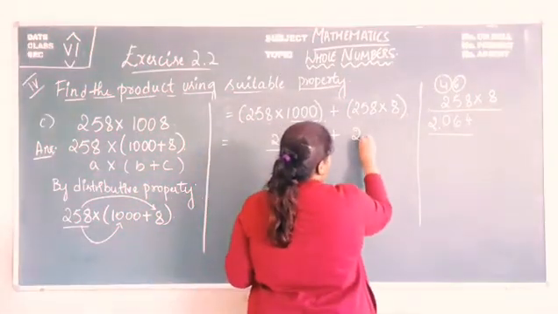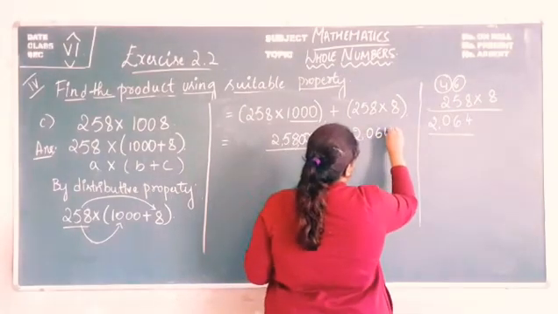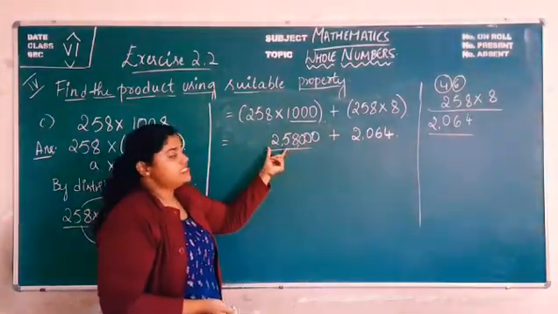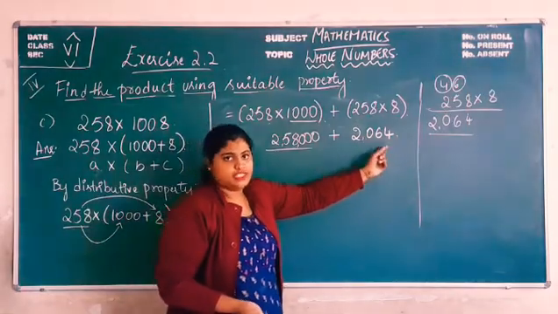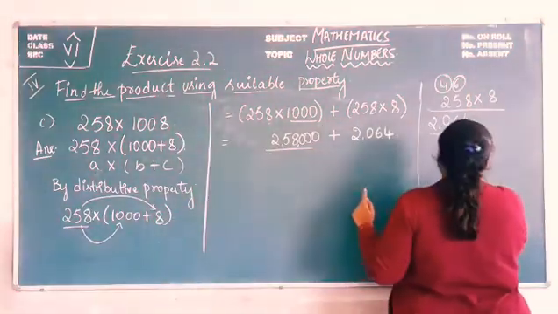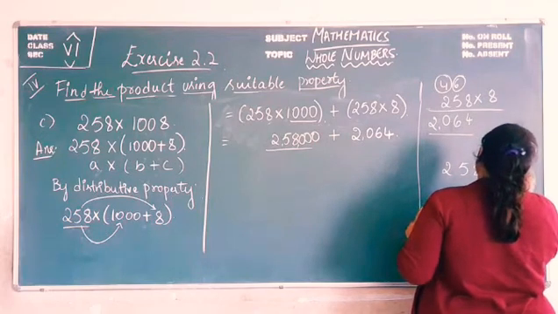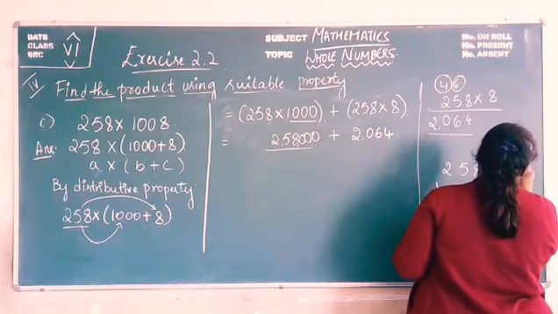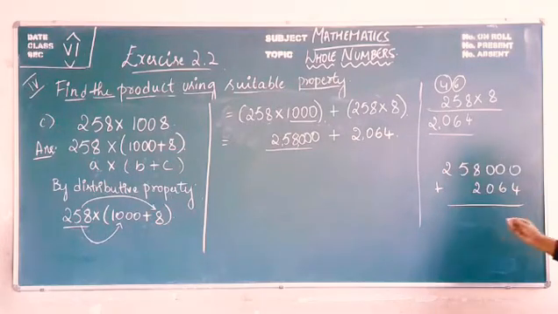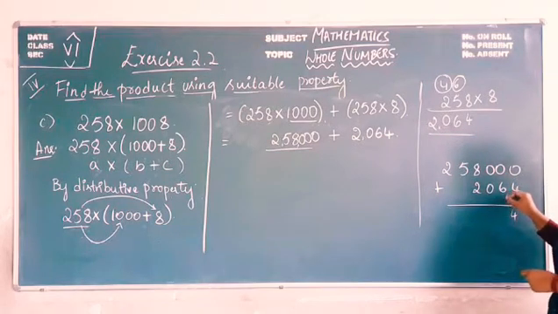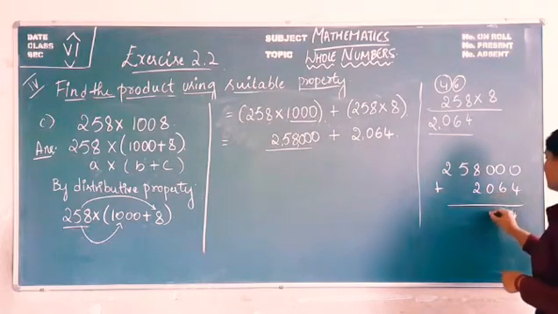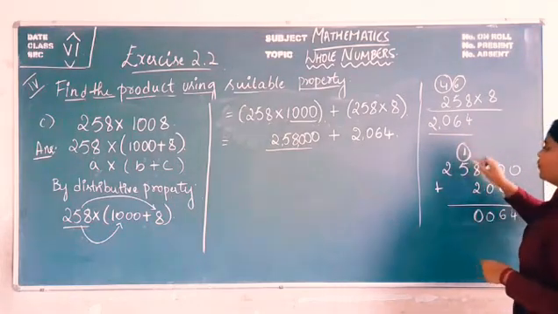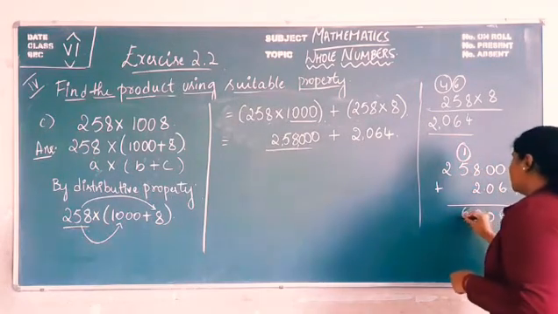I'll write the value 2064. What is the next step? We have the plus sign, so we add 2,58,000 plus 2064. 0 plus 4 is 4, 0 plus 6 is 6, 0 plus 0 is 0. 8 plus 2 is 10, so 0 and 1 carry. 1 plus 5 is 6, then we have 2.